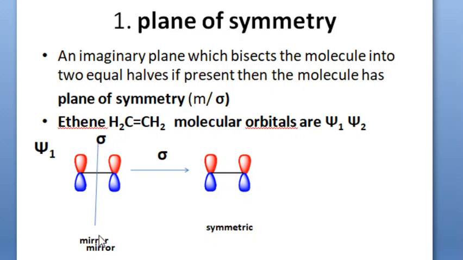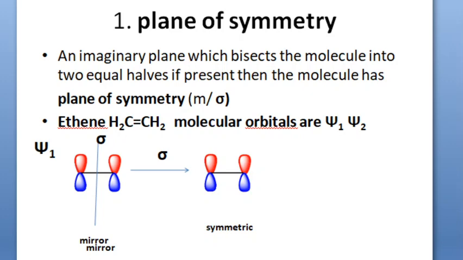And if you keep a mirror plane here, this line indicates a mirror plane, then what happens? This reflection is the same as this one. So you can bisect this molecular orbital along this plane. So obviously it is symmetric with respect to the plane of symmetry. So sigma, it is symmetric, you can say. Its mirror image would look like this. So that's how psi1 with respect to plane of symmetry is symmetric.